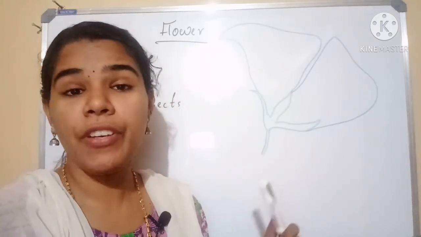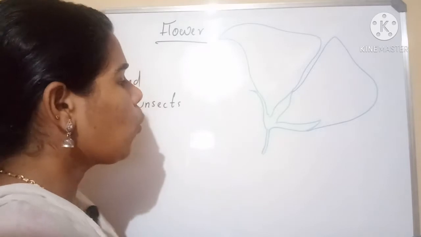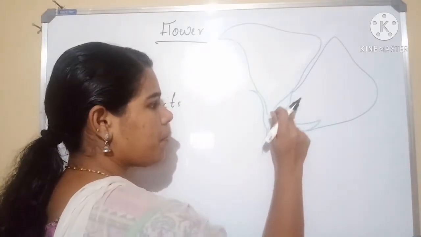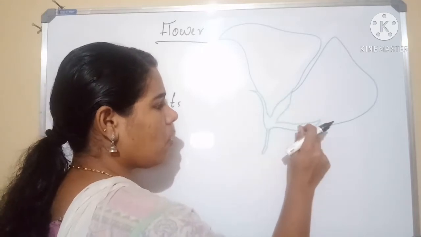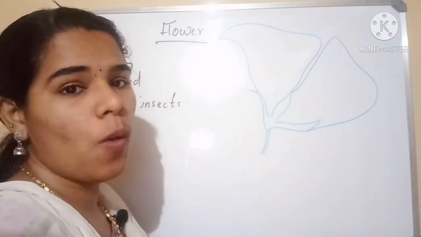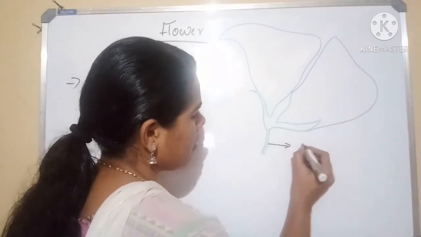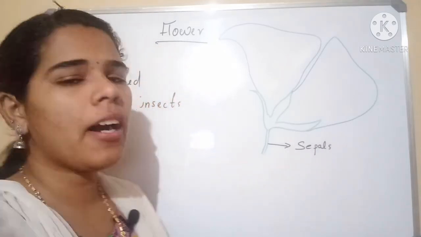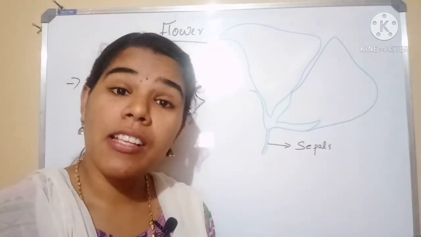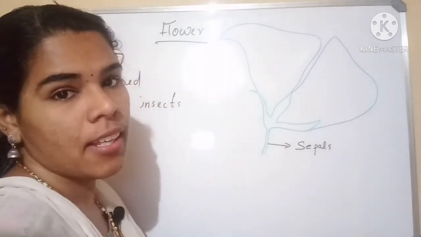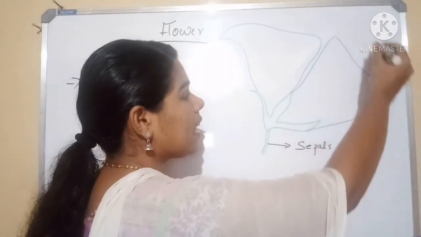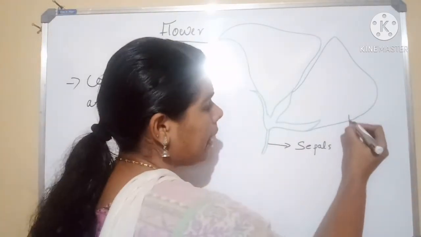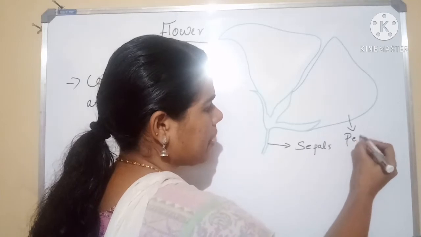For example, when we observe a flower, we can see a greenish part, which is called sepals. The variously colored part of the flower is known as petals.